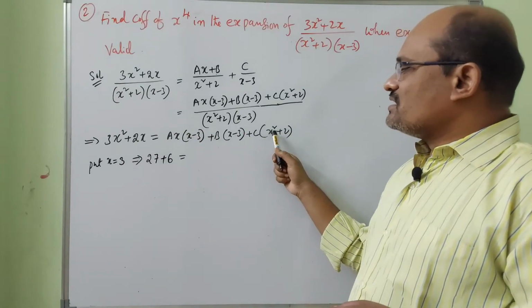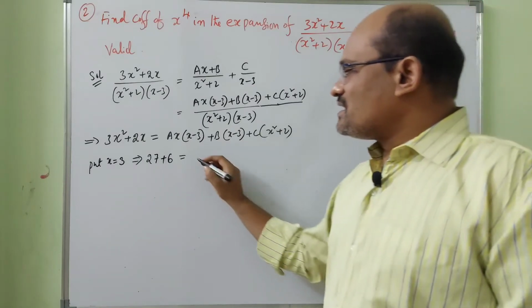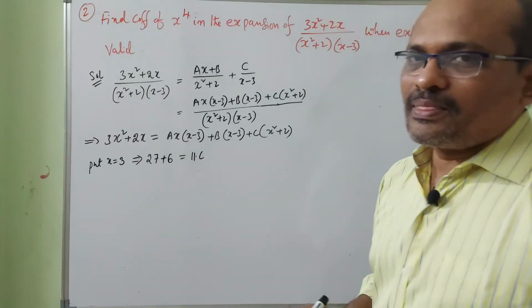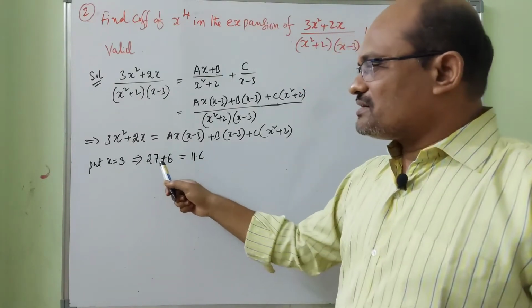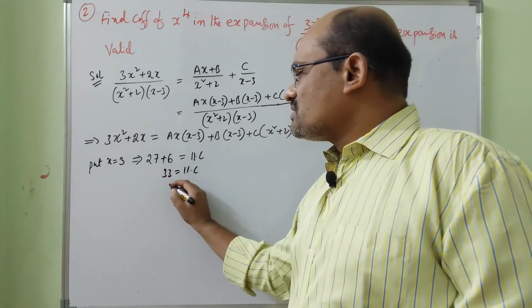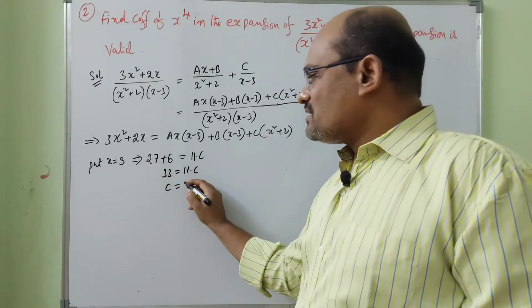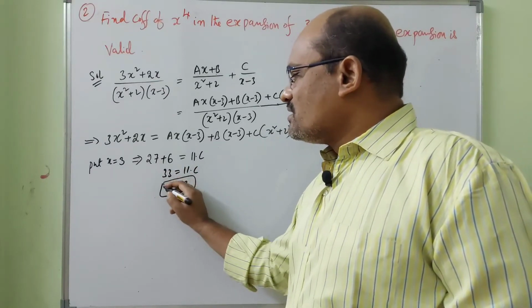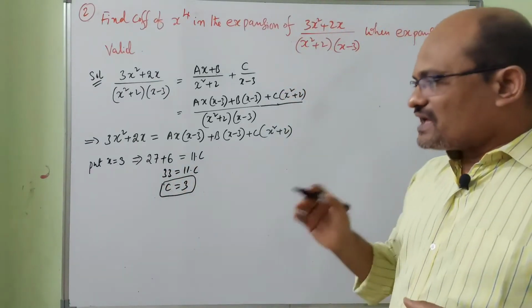Here you have to write 3 square is 9, 9 plus 2 is 11, 11 into c you will get. Now if you add these two, 27 plus 6 is 33. So 11 c equals 33, the 11s cancel, and the value of c is 3. So I got c as 3.